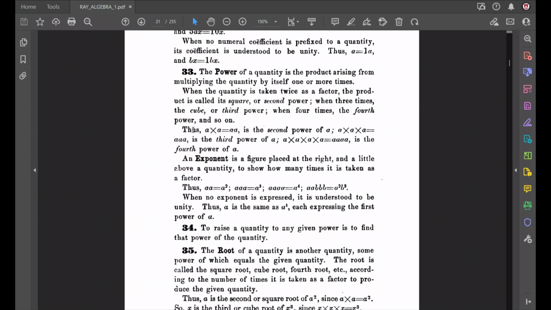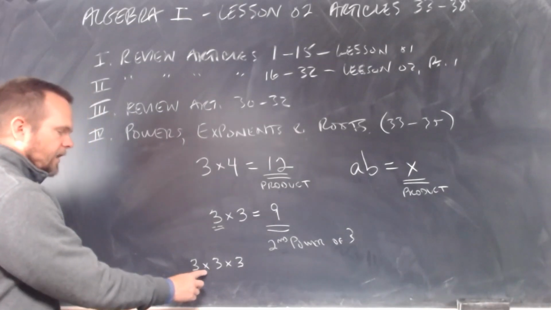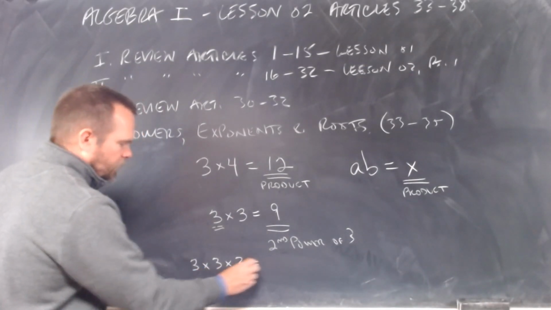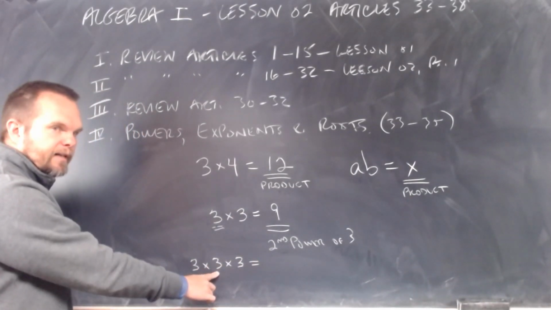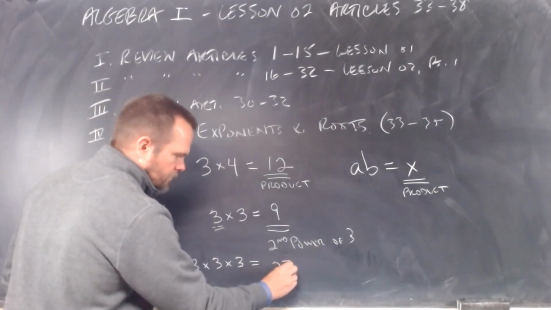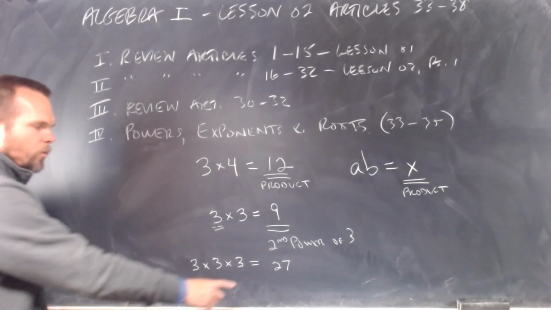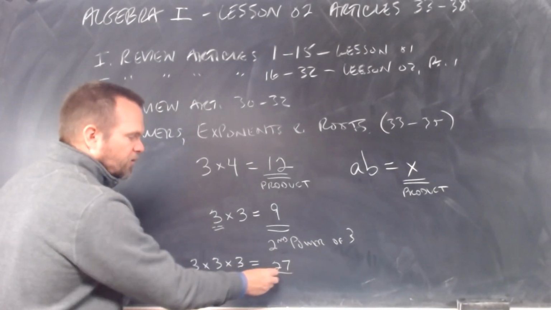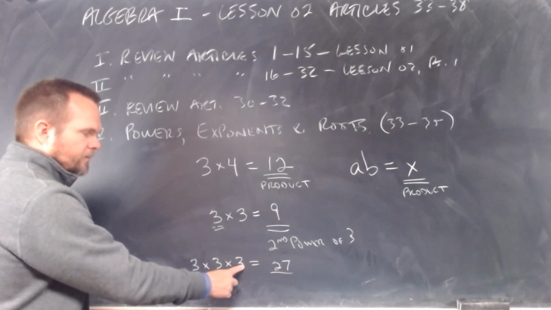3 times 3 is 9. The second power of 3. If I did 3 times 3 times 3, that would be 3 times 3 is 9, and 9 times 3 is 27. 27 is a product of this multiplication.